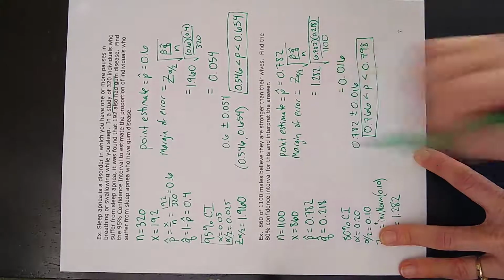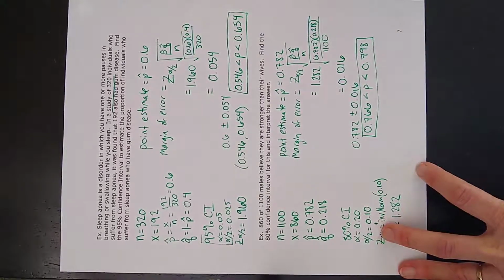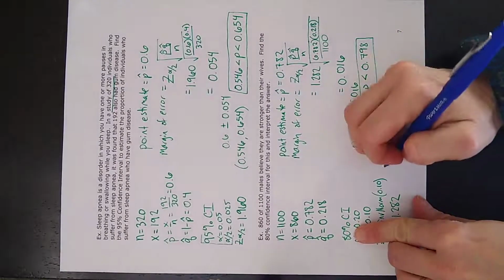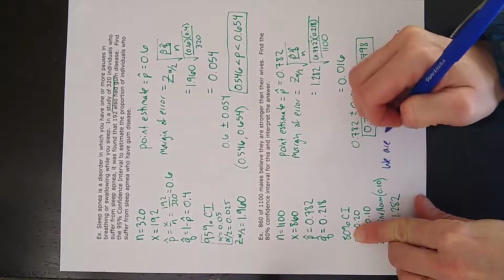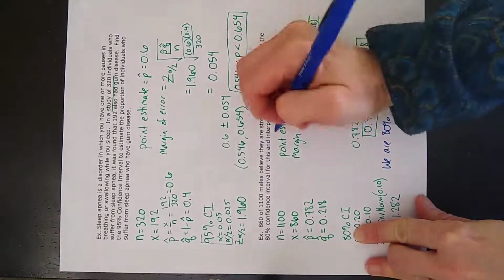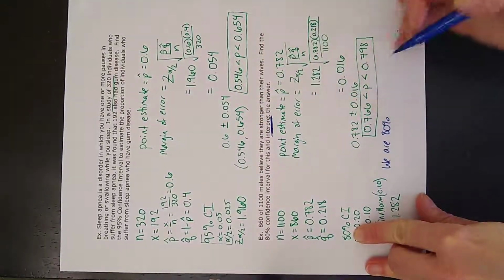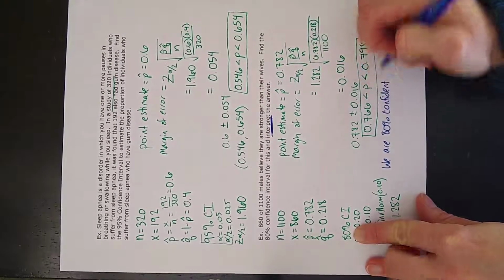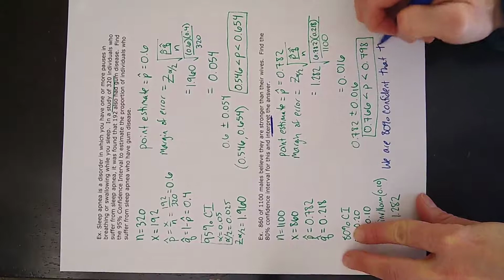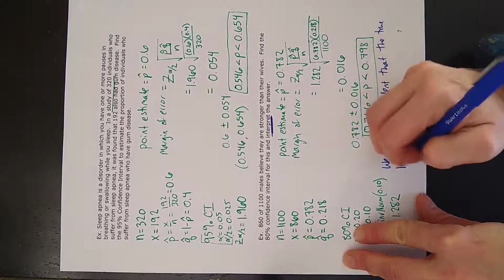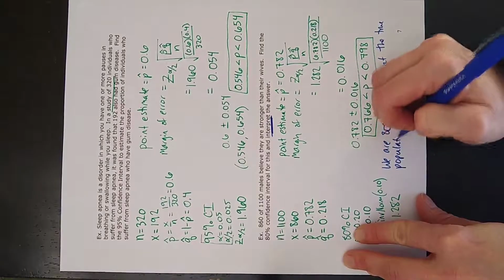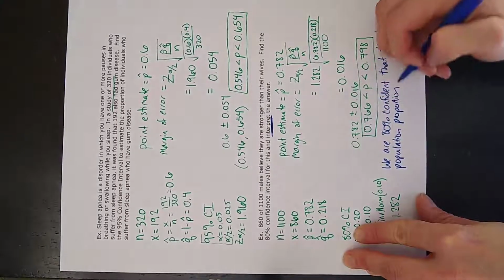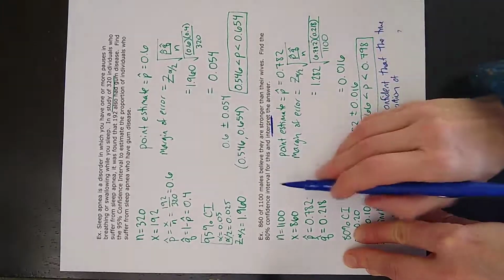This time they did tell me to interpret it. Okay, so I'm going to interpret here. We are, this time, only 80% confident. So interpret means writing this sentence. We are 80% confident that the true population proportion of, what's the scenario?